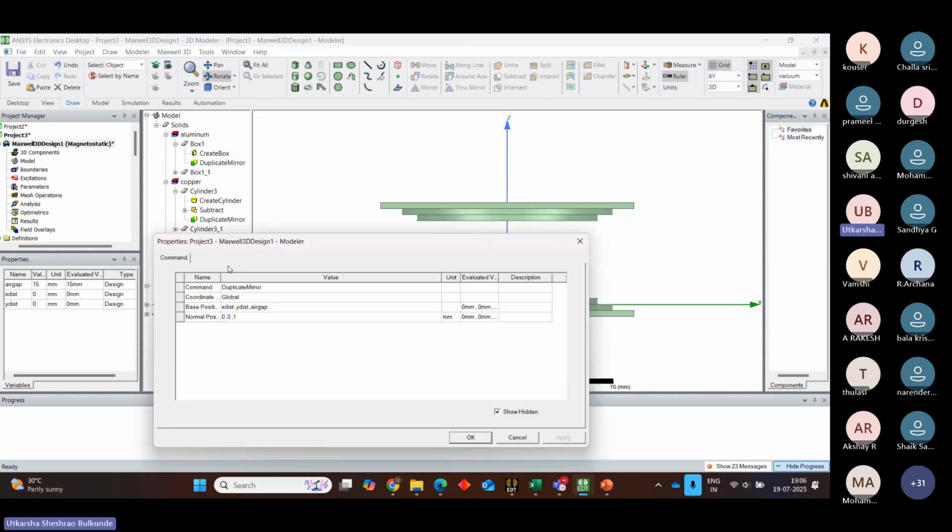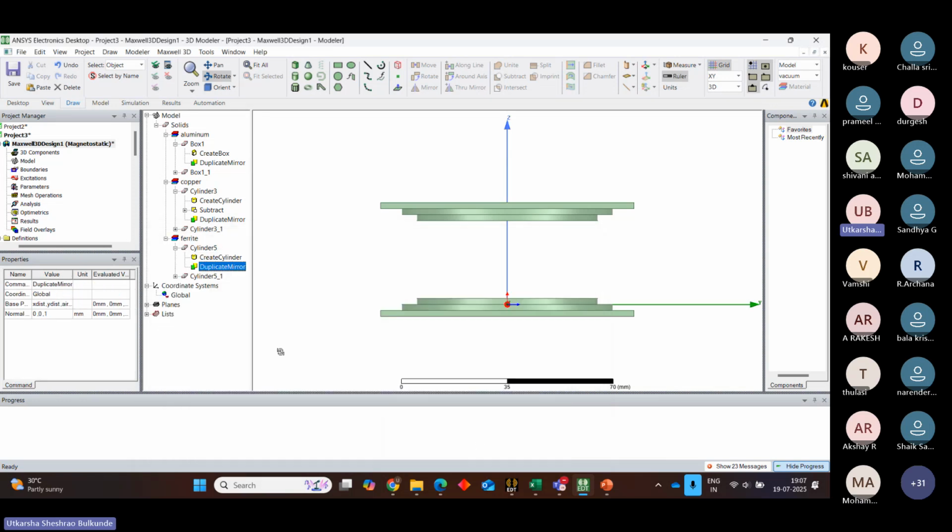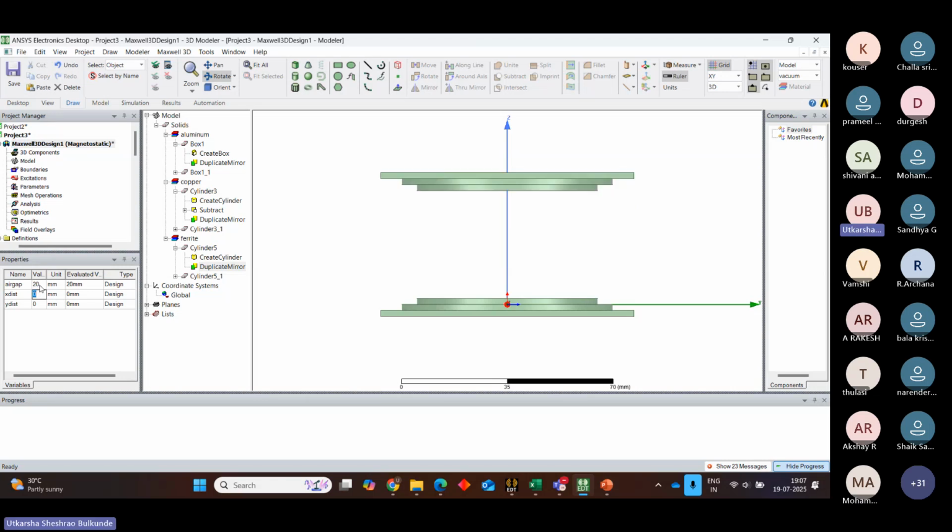So this is the way to even change your X and Y direction. But why is it not changing? Okay, I might have done something wrong there. Let's proceed with this. But did you guys understand how we can parameterize your X and Y position also, and test your coupling coefficient when your receiver coil is displaced in X and Y direction also, right?